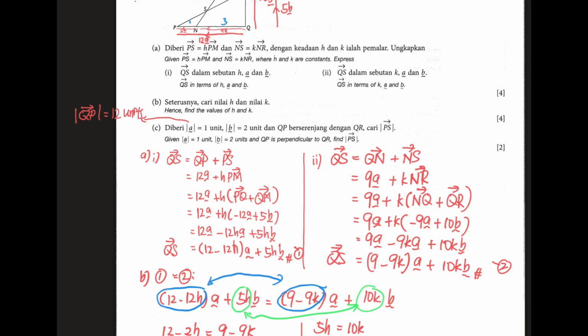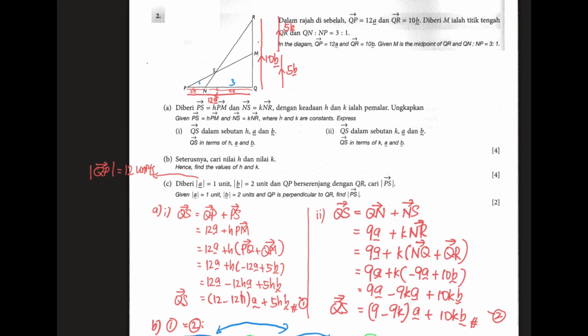Okay, now let's see another piece of information. Modulus vector B equal to 2 units. You look at the picture. You see vector B is here. So 10B is going to be 10 times 2, which is 20 units.